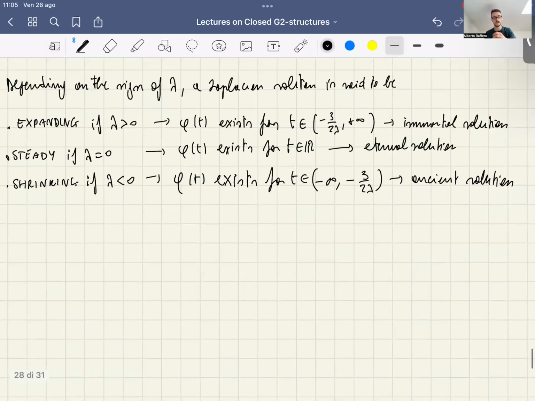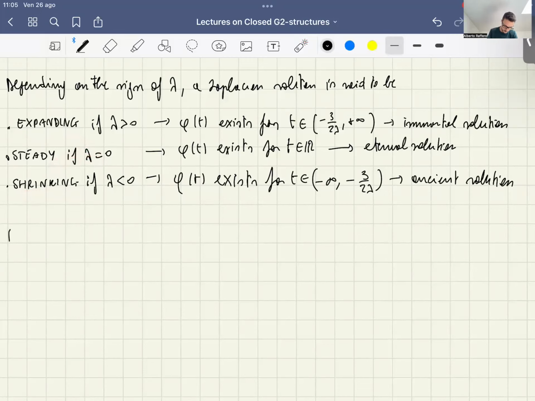Okay. Now, similarly as in the case of the Ricci flow, when you have a compact manifold, not any type of Laplacian soliton may occur.